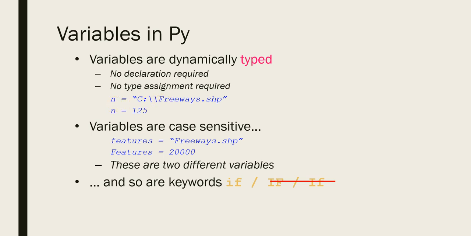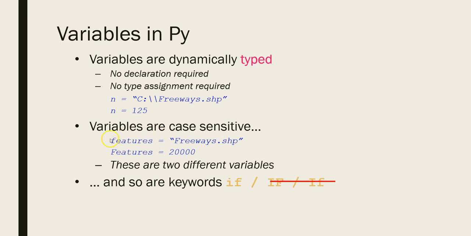So you don't have to define the type of your variable. And the same here: if you write n equals 125, Python immediately knows that is an integer. Okay? Variables are case sensitive.